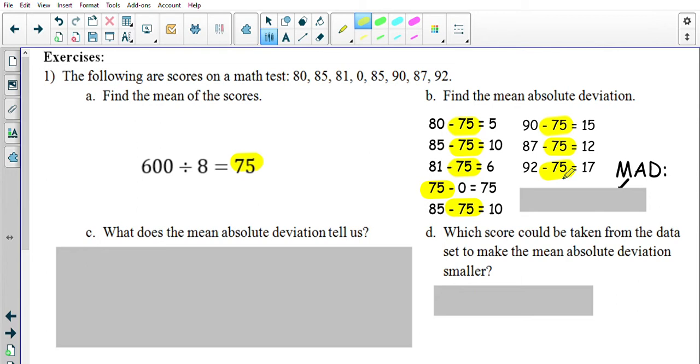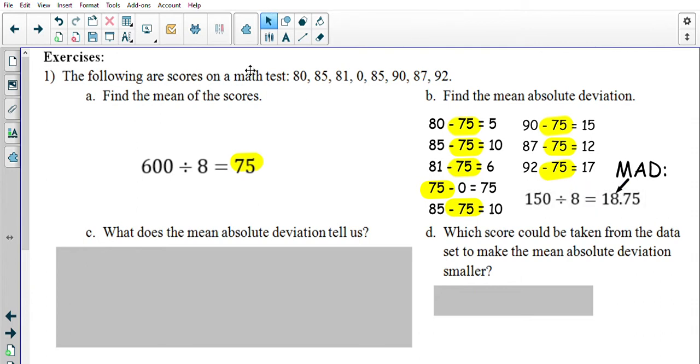Now, when I go to find the mean absolute deviation, I did step 1 where I found the mean, and step 2 where I find the difference between each number and the mean. Step 3, I need to do the mean absolute deviation. So I'm going to do the sum of all of the differences. I'm going to highlight those in green.